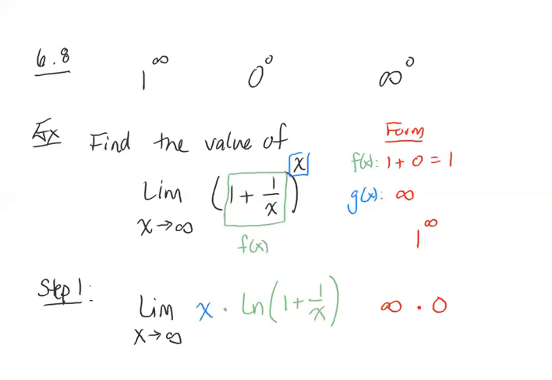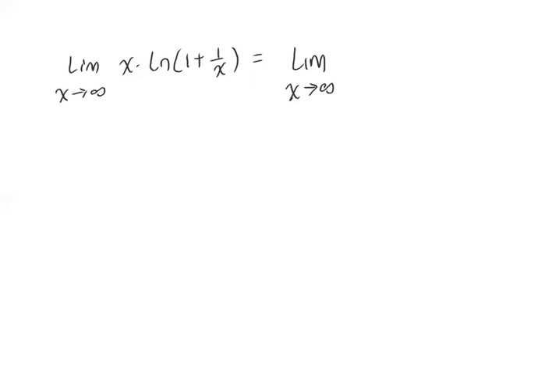I could rearrange this. I could say, well, the limit as x approaches infinity of x times the natural log of 1 plus 1 over x is equal to the limit as x approaches infinity of the natural log of 1 plus 1 over x, over the reciprocal of x, so over 1 over x.